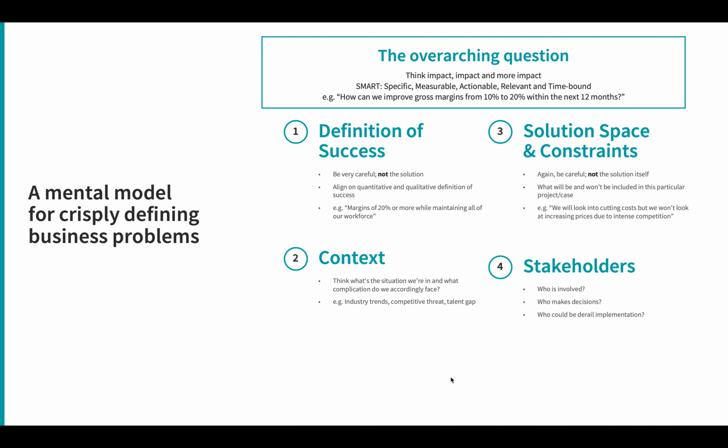Now, let's have a mental model, right? I've been talking so long for now, and you might be wondering, okay, what does problem definition really mean? Or what do you mean by defining a problem? So here's a mental model for crisply defining business problems. First, you want to have one basic overarching question that is mostly focused on impact, right?